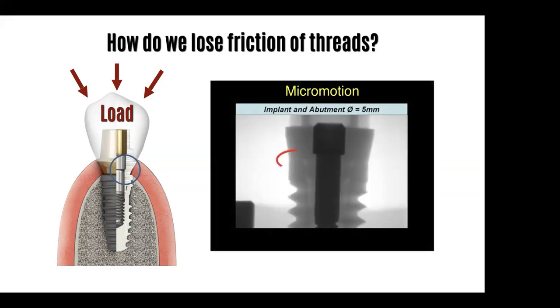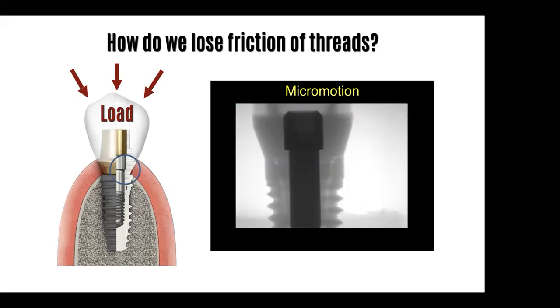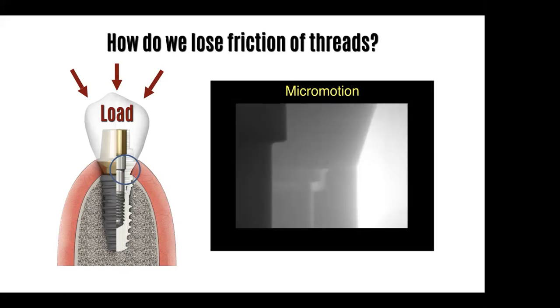Let's look at this video clip a little bit. This video clip shows what happens at the interface when the external force is applied. I will discuss the difference between external connection and internal connection a little later. You can see the opening at the interface, don't you?